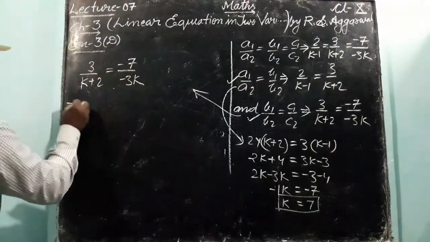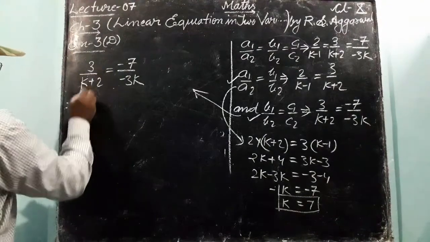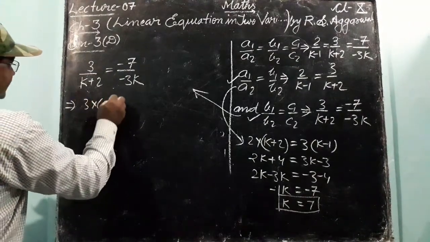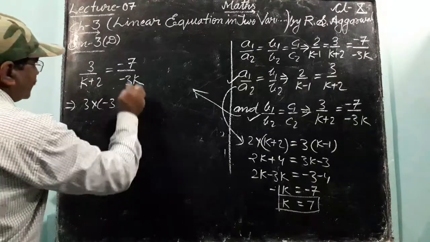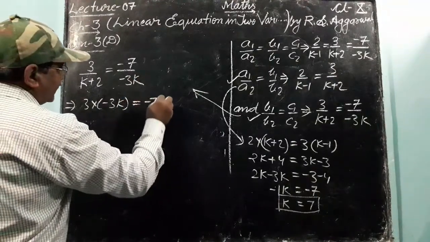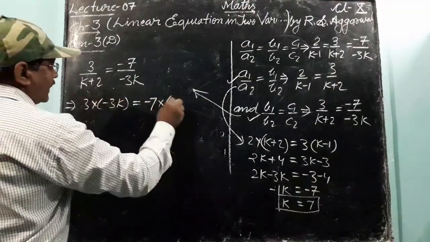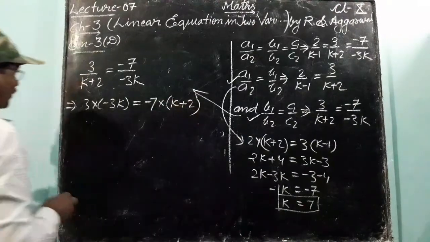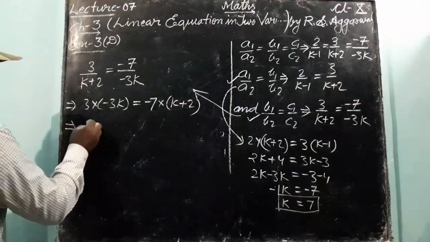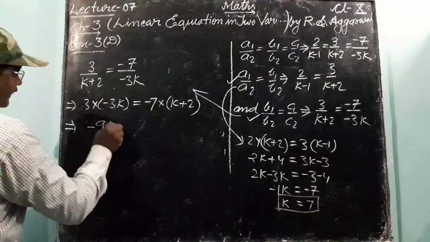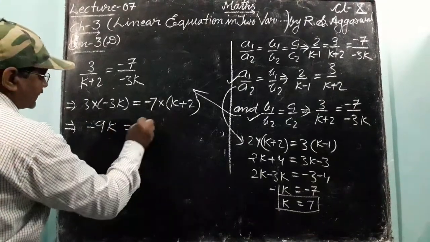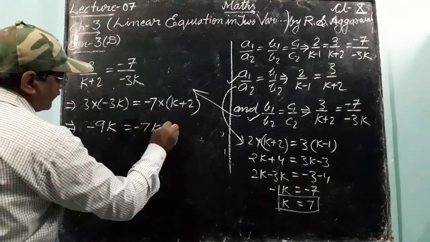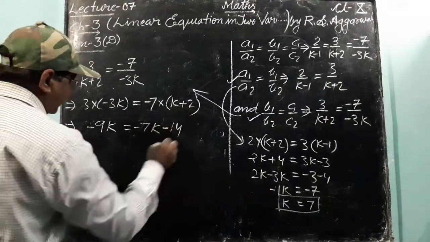Do cross multiplication and then you will get 3 into minus 3k is equal to minus 7 into k plus 2, and then it will be minus 9k is equal to minus 7k minus 14.